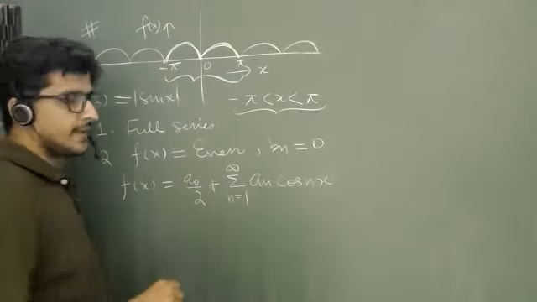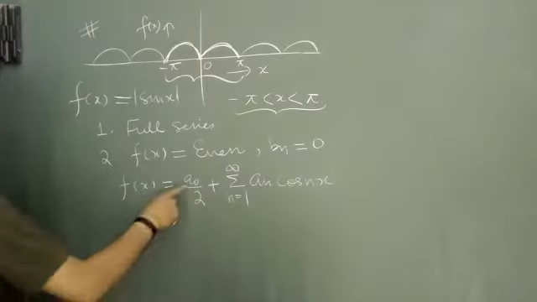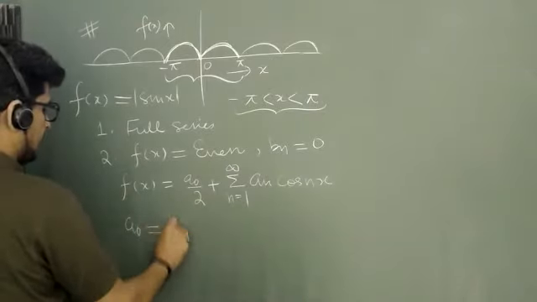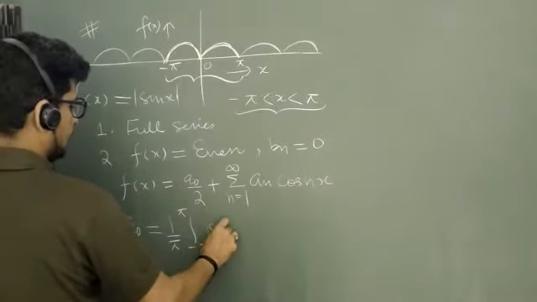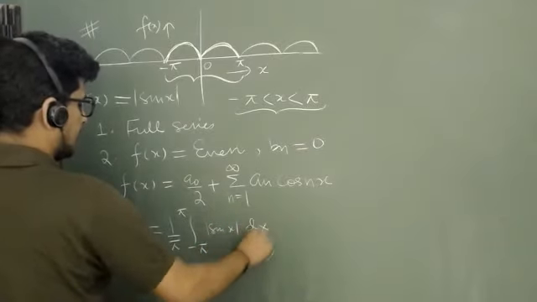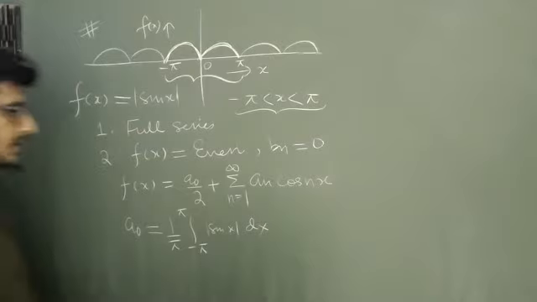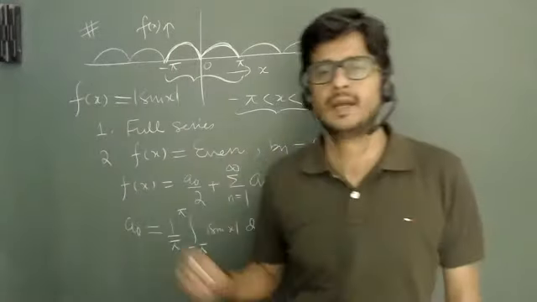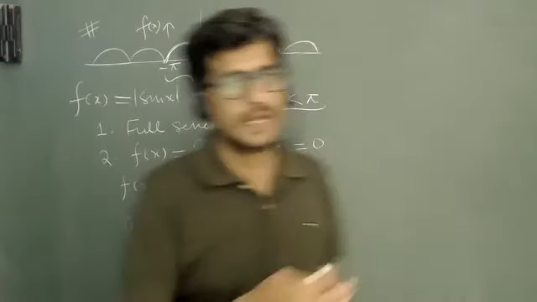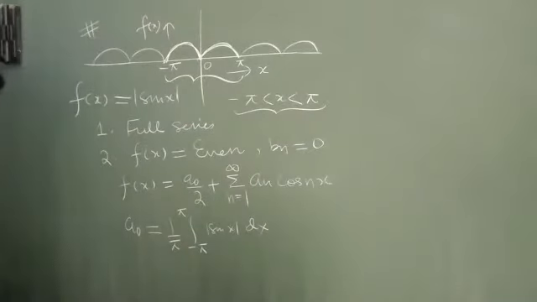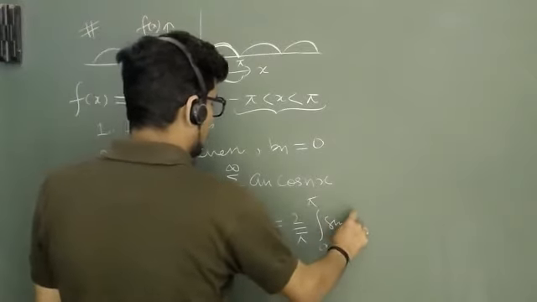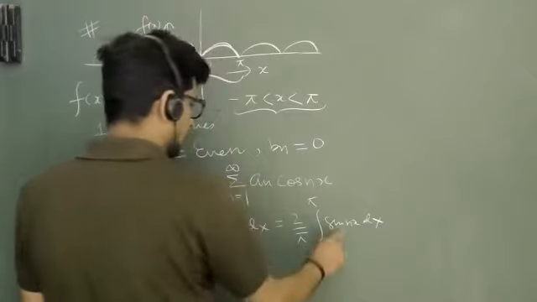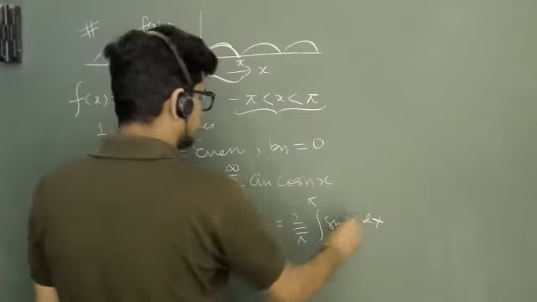So what will be the first term? a naught will be 1 by pi integral minus pi to pi mod of sine x dx, correct? This is how we write our first term, given by a naught. Now this is an even function, so I can write 2 by pi integral 0 to pi sine of x dx, right?